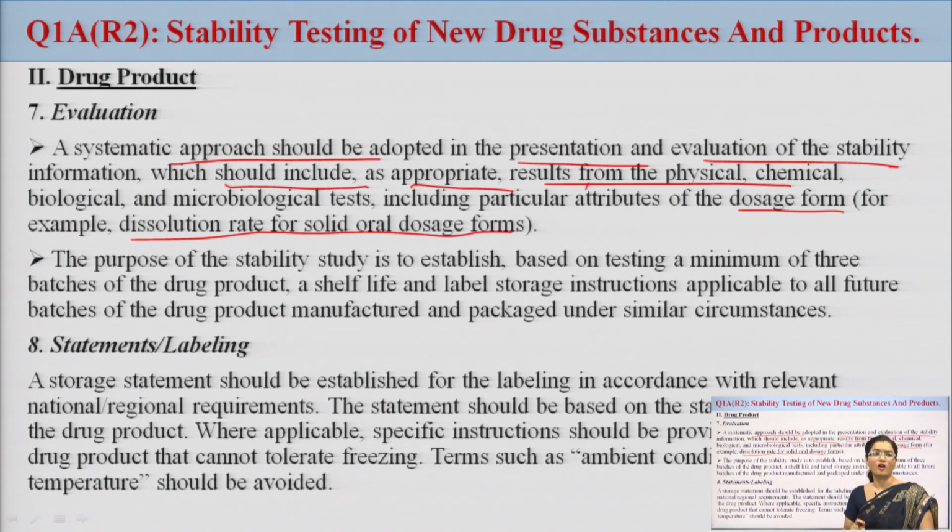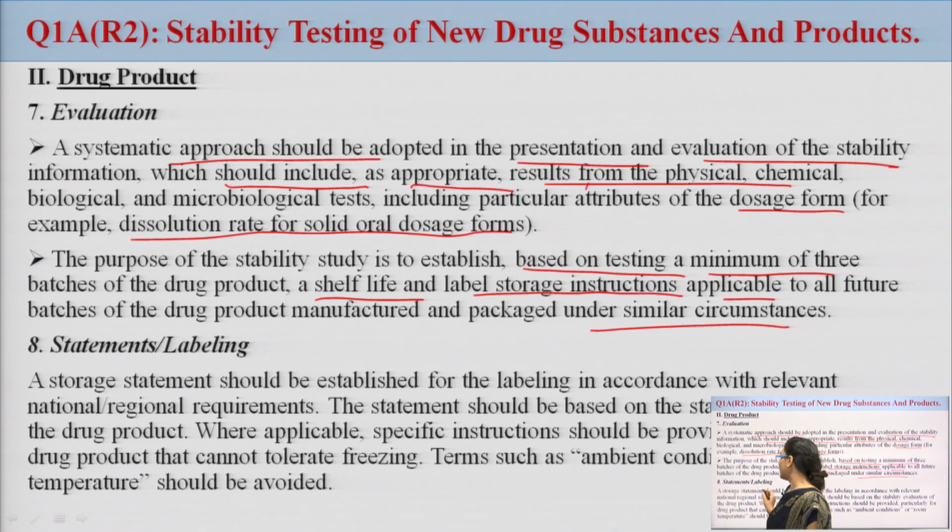The purpose of a stability study is to establish, based on testing a minimum of 3 batches of the drug product, a shelf life and label storage instruction applicable to all future batches of the drug product manufactured and packaged under similar circumstances.